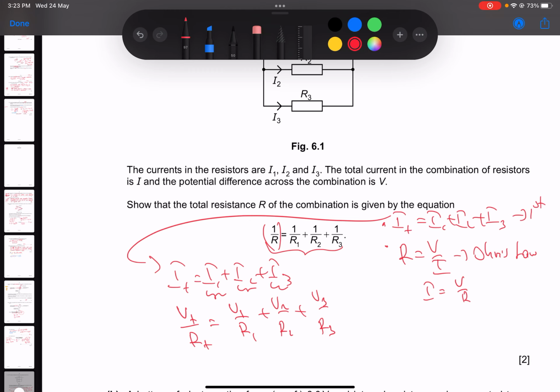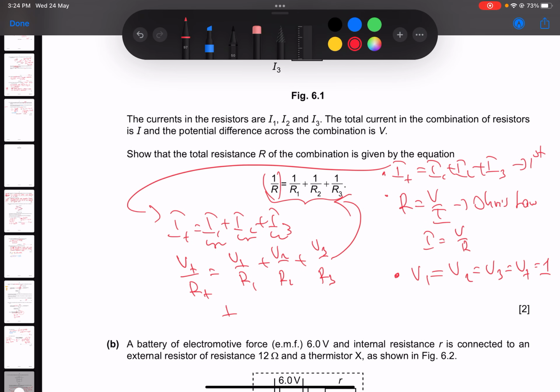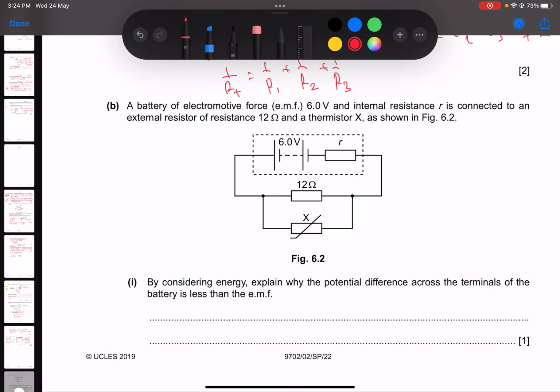This is very similar, but instead of V, it's written V's. So imagine V total, from Kirchhoff's second law, V1, V2, V3, V total are all equal, so put it as 1. Then you have directly the formula: 1 over R total equals 1 over R1 plus 1 over R2 plus 1 over R3. So simply you just proved that one.